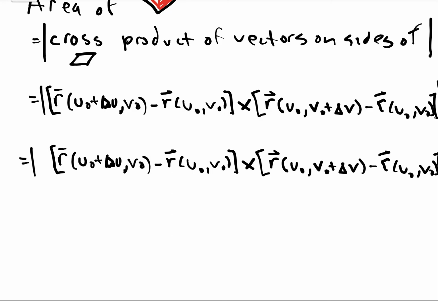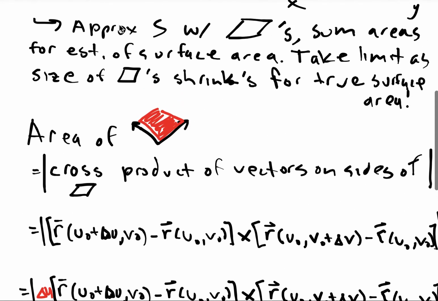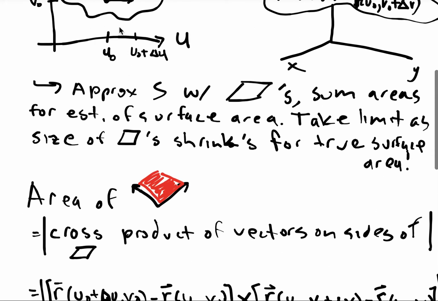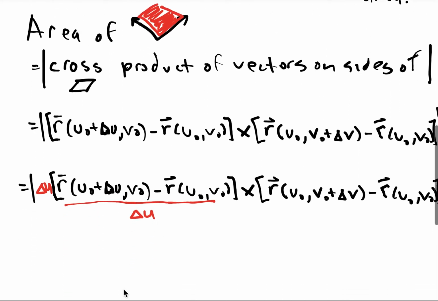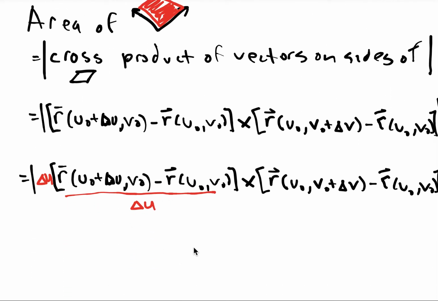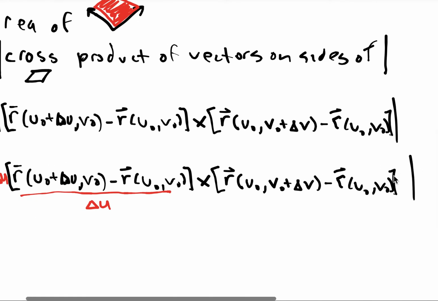I'm going to tack on a delta U divided by a delta U. That's ultimately going to cancel and not actually do anything, and delta U is a scalar. This was just whatever quantity I added to get from U naught to the second point. So multiplication and division by a scalar is not going to change anything. I'm going to do the same trick over here, except this time with delta V. So I've got a multiplication by delta V and a division by a delta V.